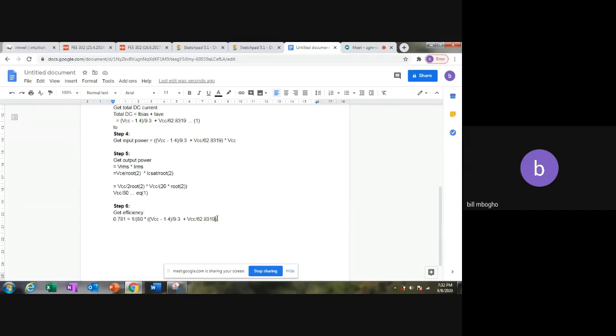So maybe we can try to solve for VCC. But first, let's make it look neat. Maybe we can write it with the same denominator. Or do you think it's okay? Just continue with it looking bad. Now let's make it look good.